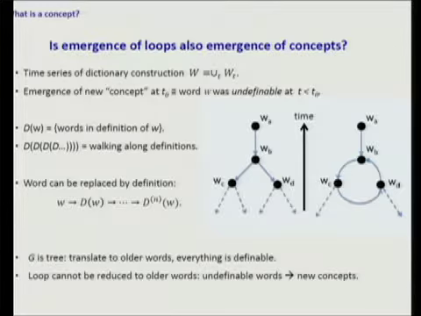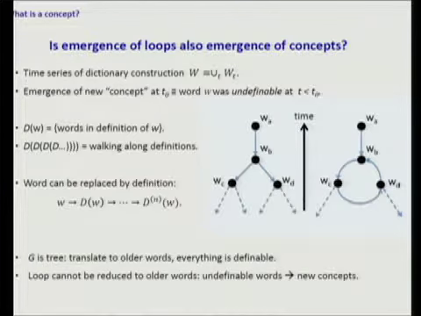And we can look at this replacement of a word by the words that appear in its definition as a certain random walk in this graph. We can start from a word, replace it by all the words in its definition, replace every word again, and we have this recursive function, if you wish.